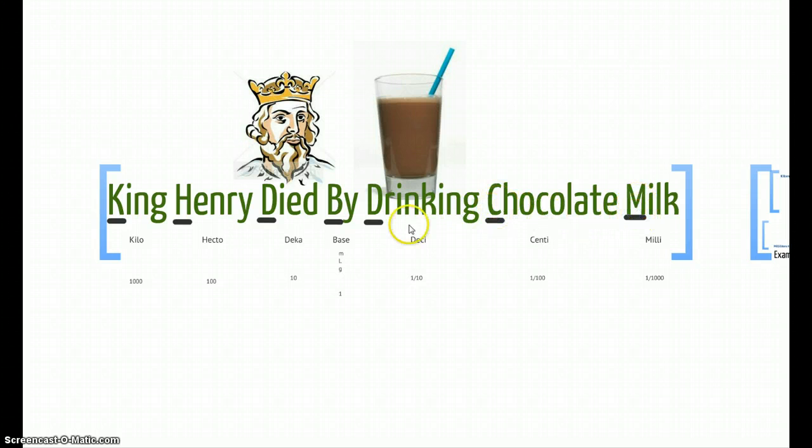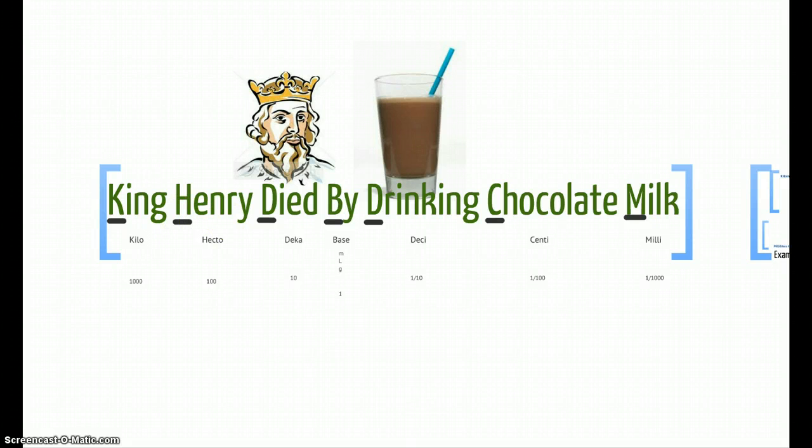And all of these letters stand for a different prefix, and it's going to help me decide what I need to do to my numbers in order to change them from one prefix to another. So we're going to be looking at how to go from kilometers to centimeters, or from milligrams to grams, or centigrams to kilograms. So I need to keep this sentence in mind.